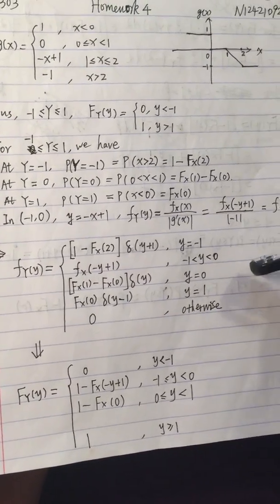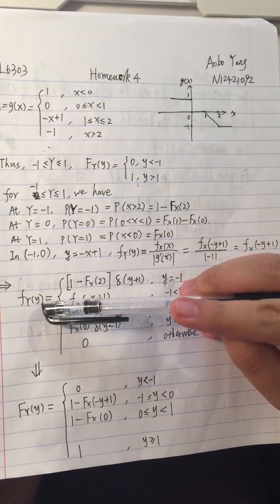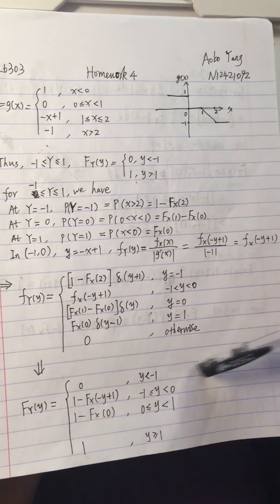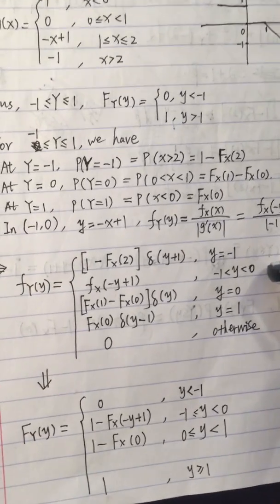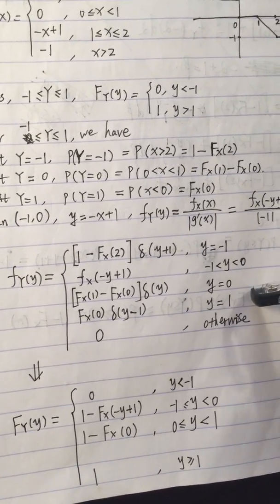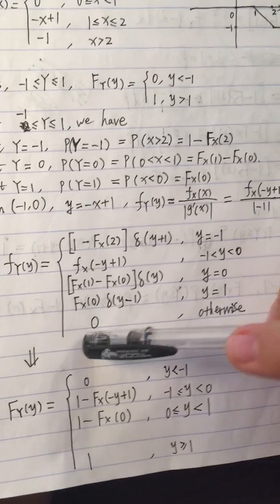So in total, we can easily find f_Y(y) in summary like this: equal to f_X(1 minus y) from minus 1 to 0, equal to 0, equal to 1, and others is 0.